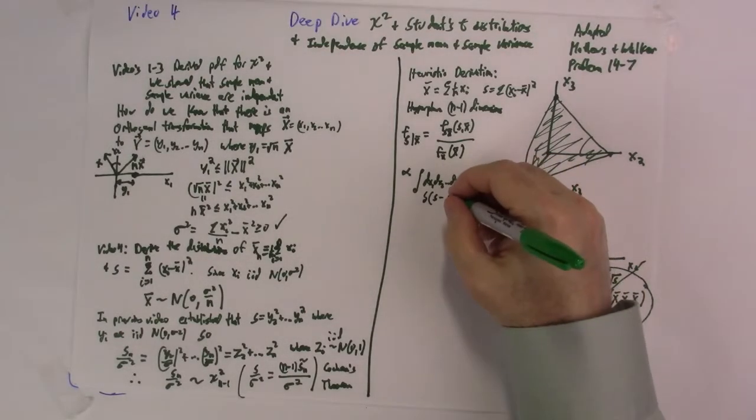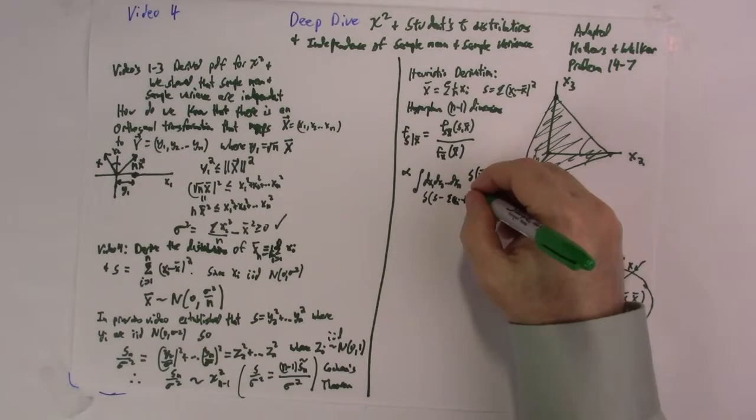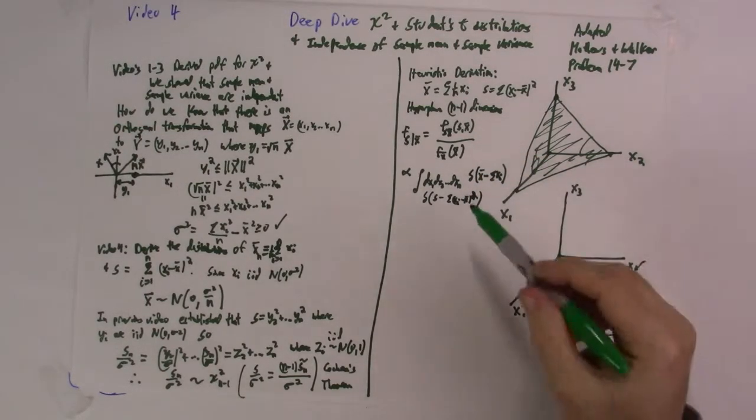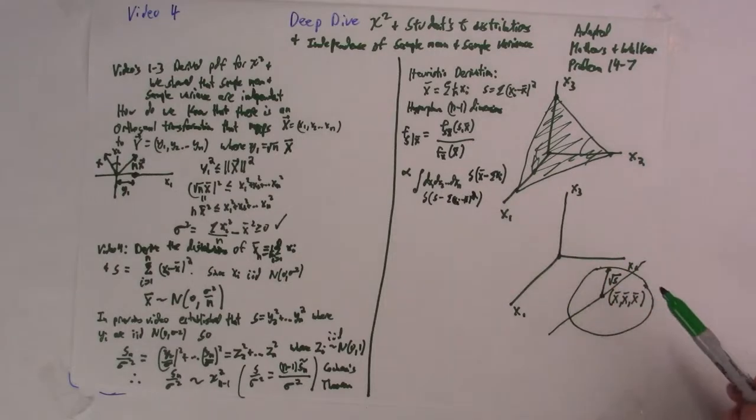And so this would be delta of s minus the sum of xi minus x bar squared. Don't worry if you haven't seen continuous delta functions and everything. It's just a constrained integration. We're only taking the points that are on the hyperplane and intersect the sphere.